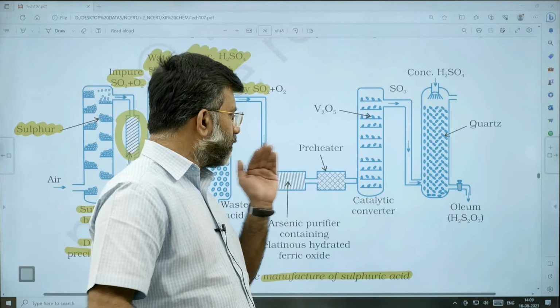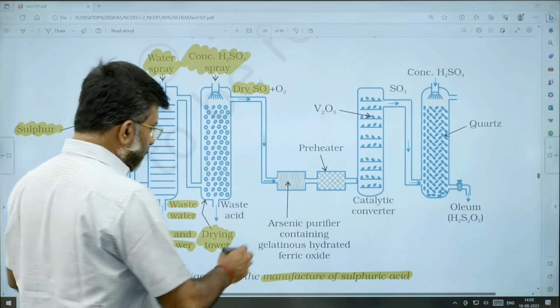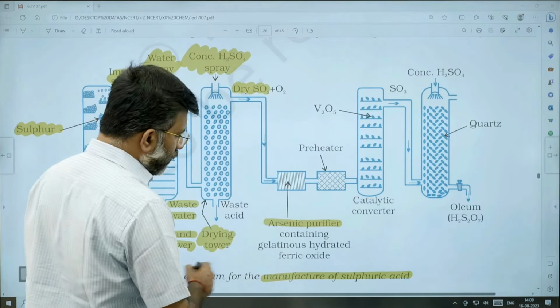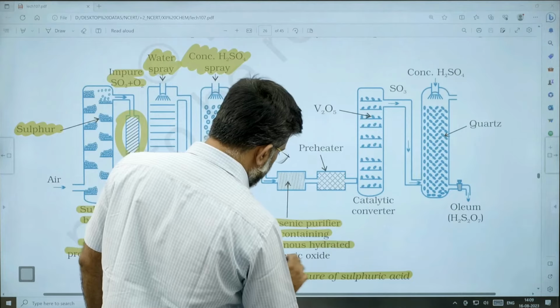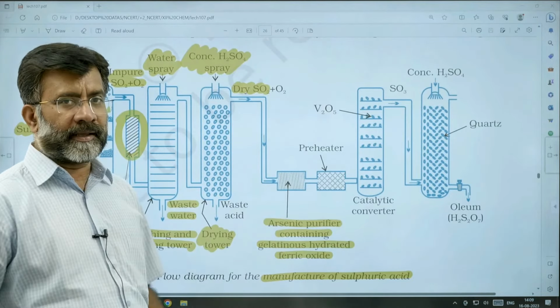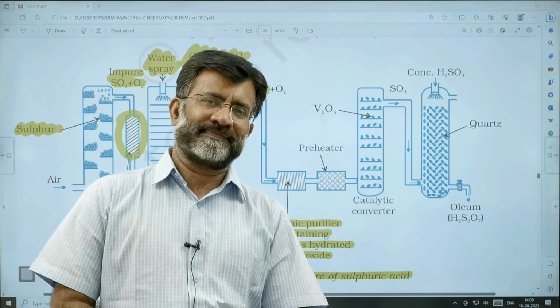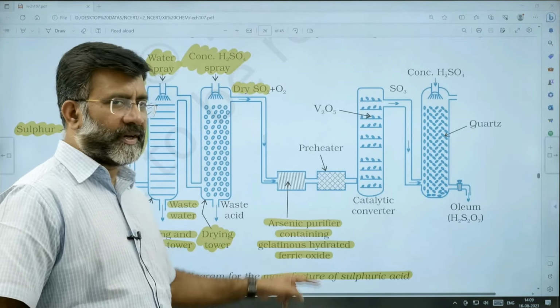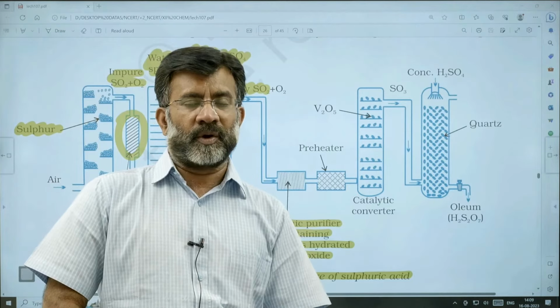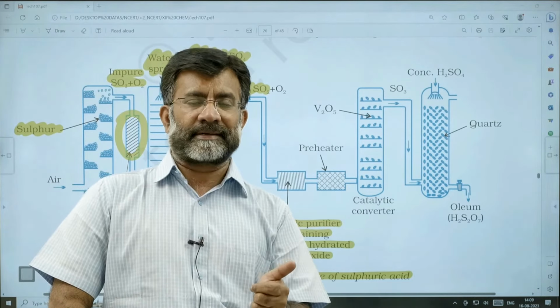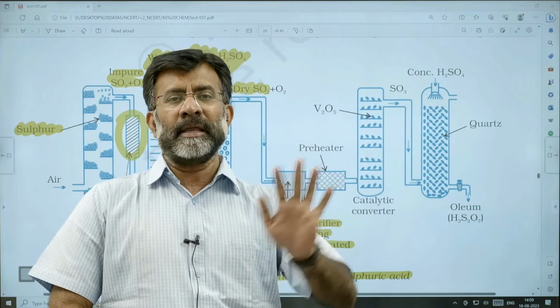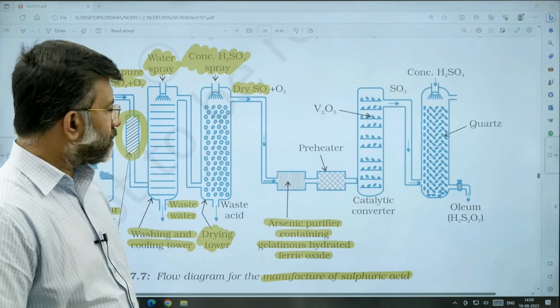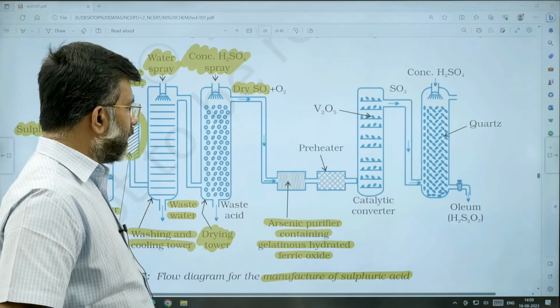So here we have an arsenic purifier containing gelatinous hydrated ferric oxide. Arsenic is a negative salt, and gelatinous hydrated ferric oxide is a positive salt. So positive and negative salt interact. The arsenic impurity will be precipitated, and thereby can be removed.